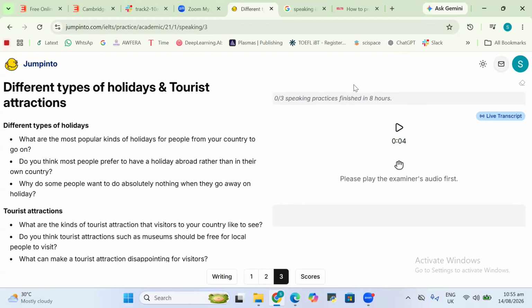I basically don't know the kinds of holidays, but from my own knowledge, kinds of holidays means the leaves that we get from our work or school. So I would like to mention here, summer holidays are the best and most popular in our country, because it is about a month or two.